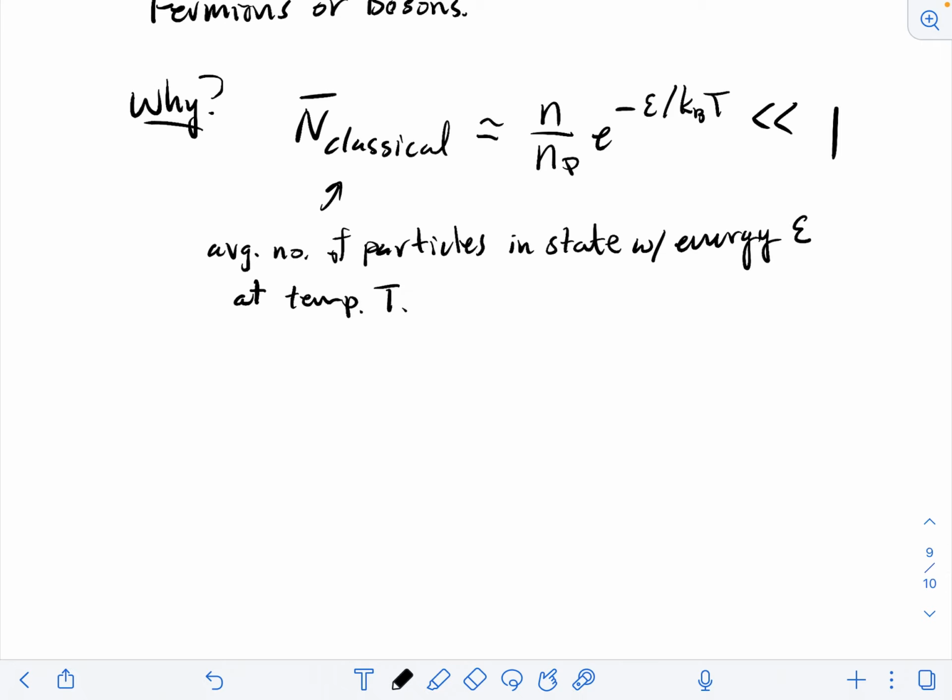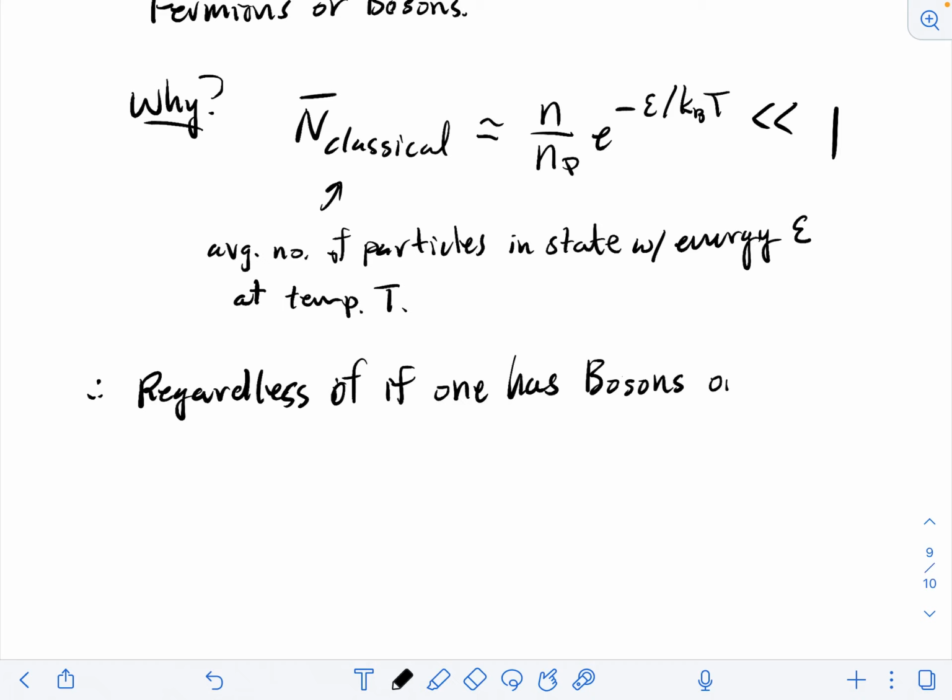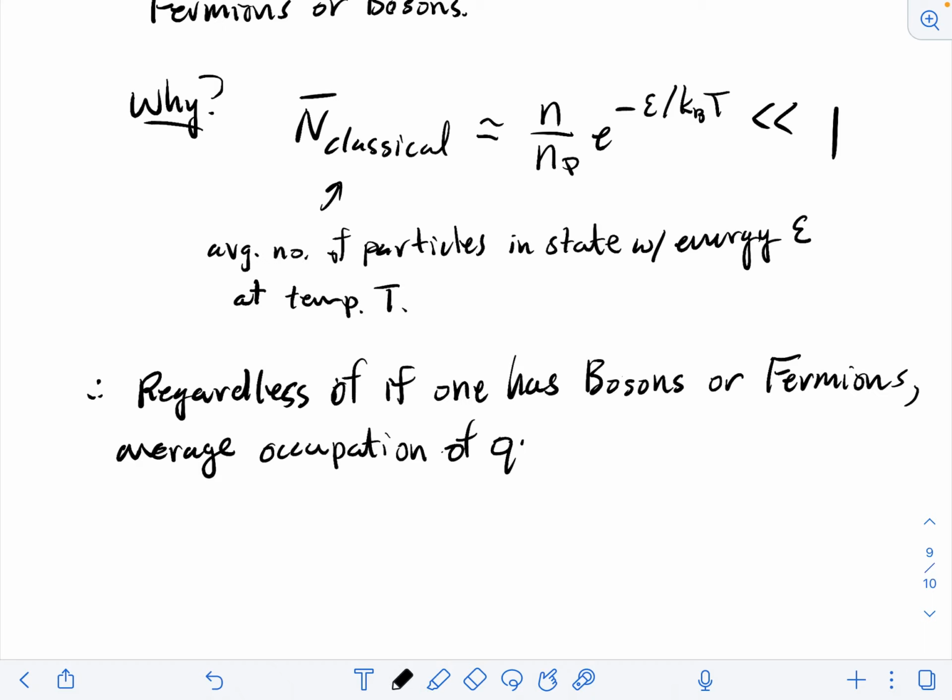So in summary, regardless of whether one has bosons or fermions, the average occupation of quantum states is always much less than 1.